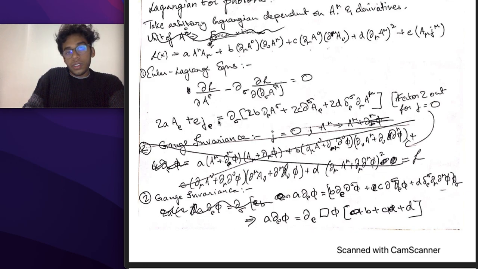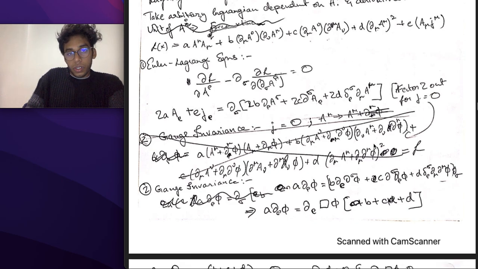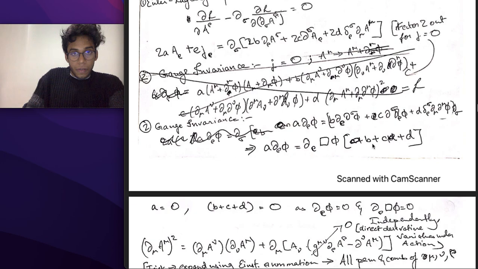So when you take j equal to 0, then your 2a has to vanish, so there is no term with a rho, and you find that b plus c plus d is also equal to 0 because everything vanishes.